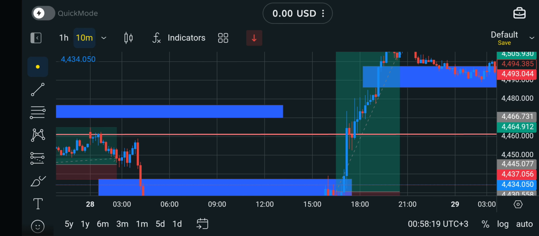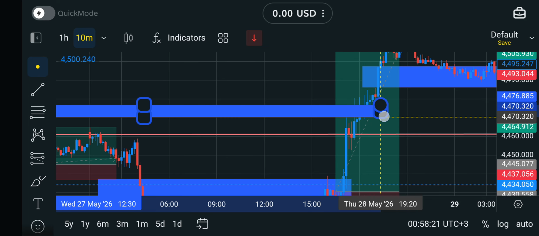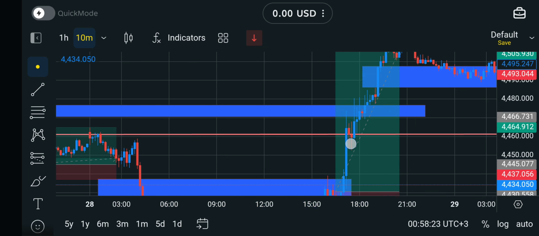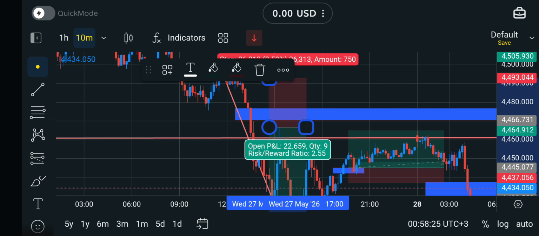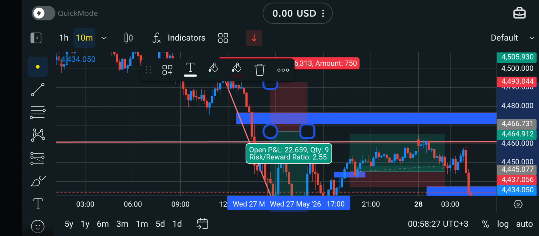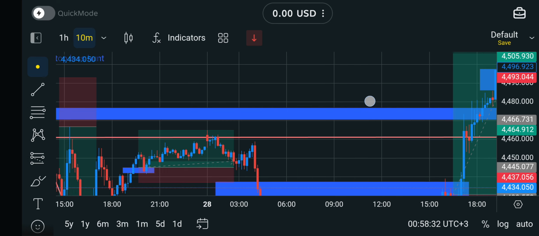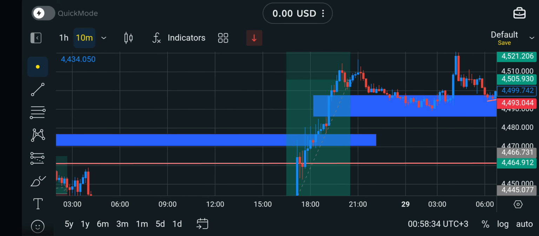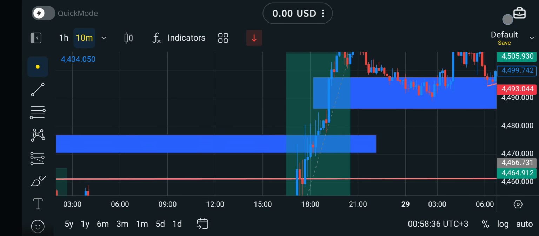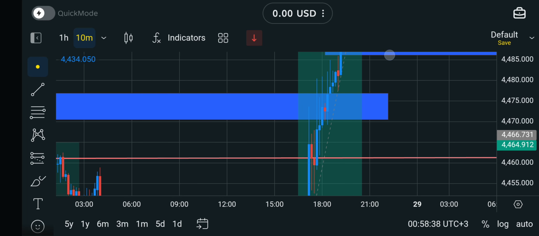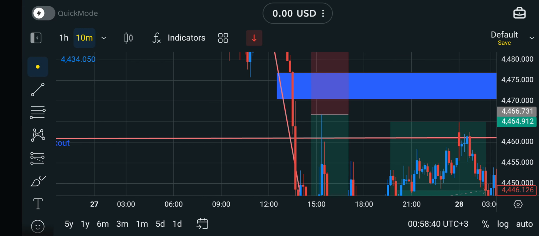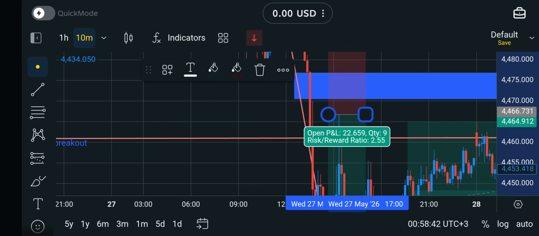For example, if you enter this particular zone here for the fair value gap, you could have been in profits, because the market has revisited it very clearly. It shows you the blueprints of it.